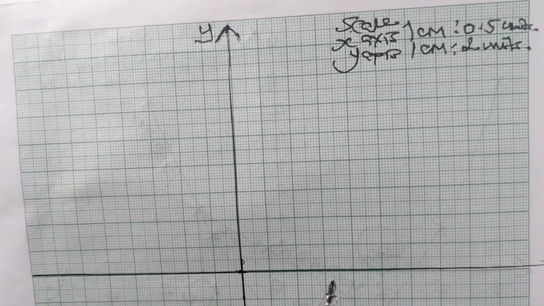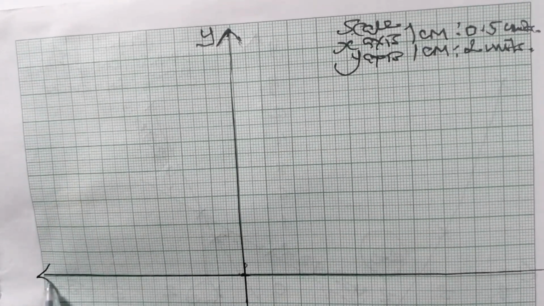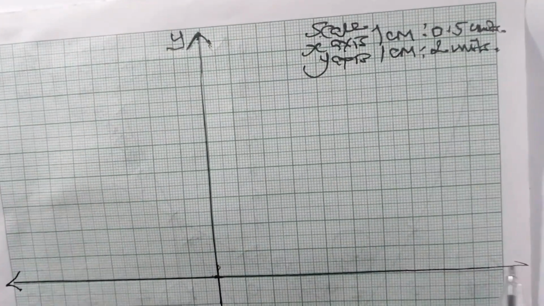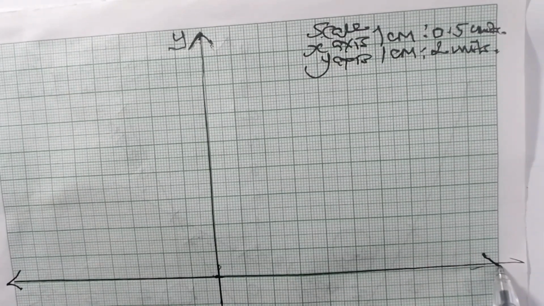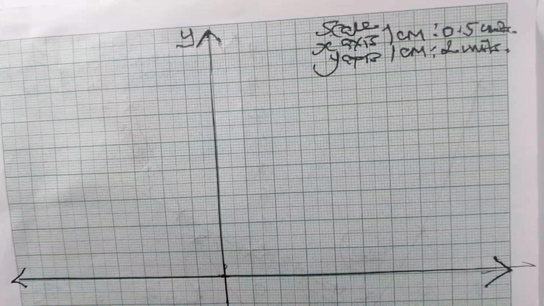After drawing the x-axis, we can label this end with an arrow, and this other end also with an arrow to show that the values are still running.